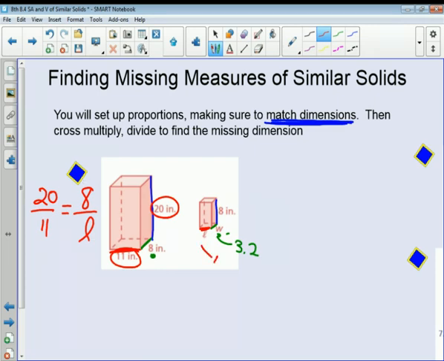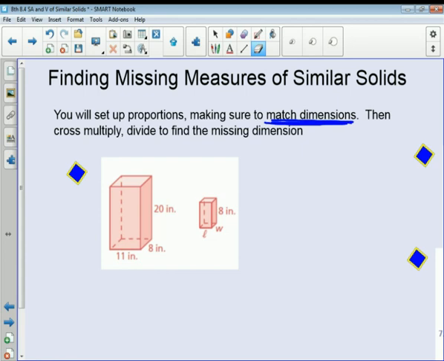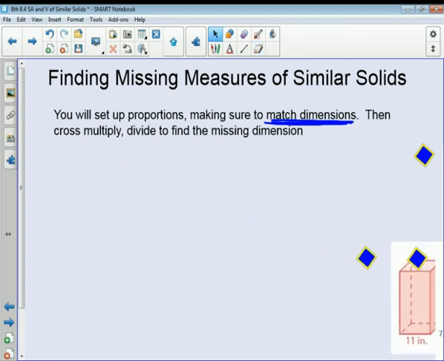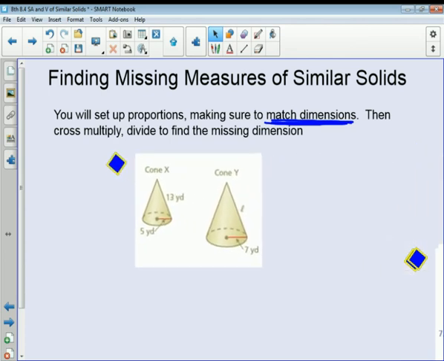So I just found out that L is 4.4. And these are inches. Okay, so that's what you're doing, going through and working with finding that missing figure, is making sure that you set up your proportions so that the dimensions are in the same position. And then using that cross multiply divide.